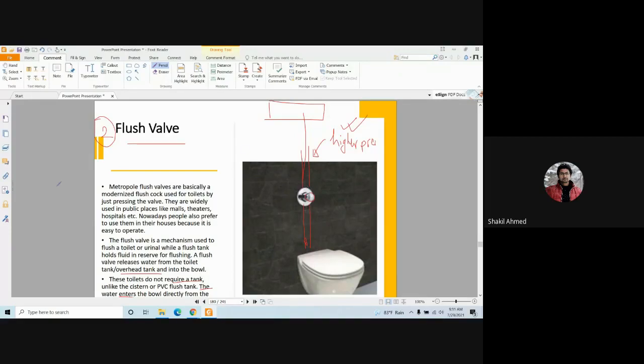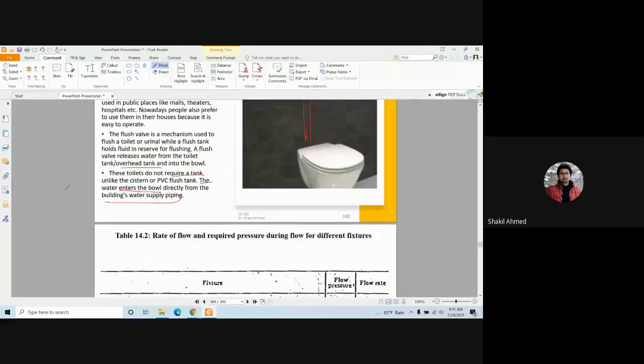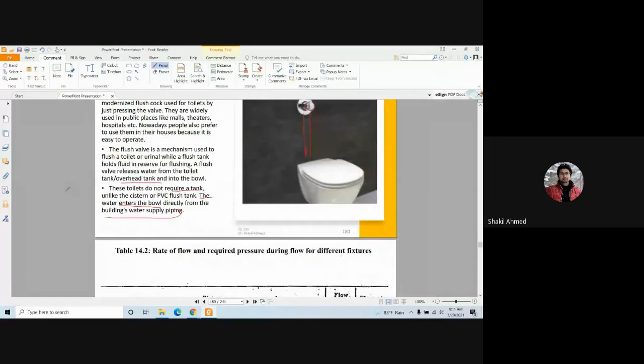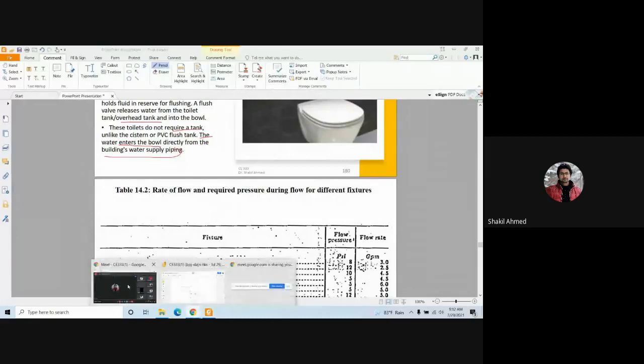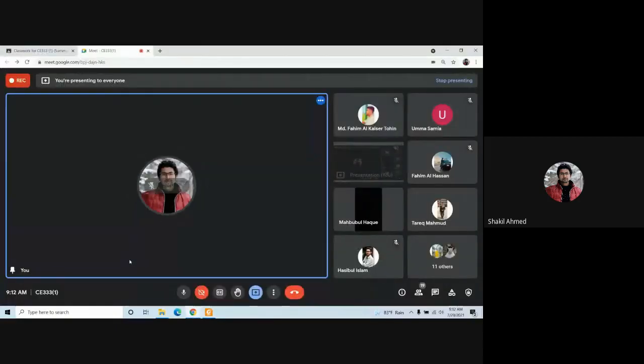Clear? So I want you to remember these two differences between flush tank water closet and flush valve water closet.